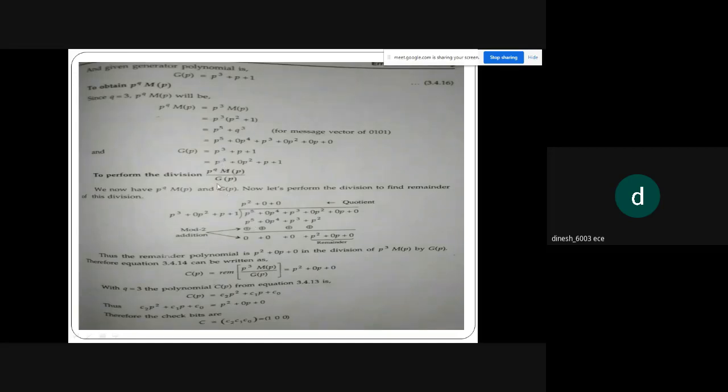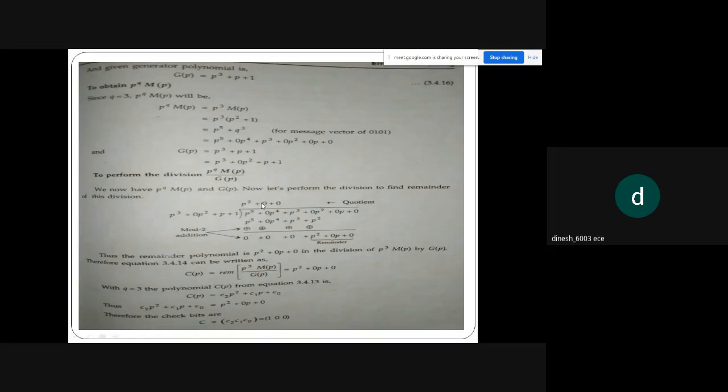Write p power q m of p inside: p power 5 plus 0 p power 4 plus p cube plus 0 p square plus 0 p plus 0. So write as it is. Now our g of p is p cube plus 0 p square plus p plus 1. So write it here: p cube plus 0 p square plus p plus 1.